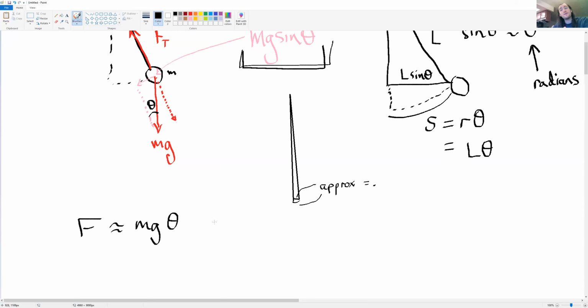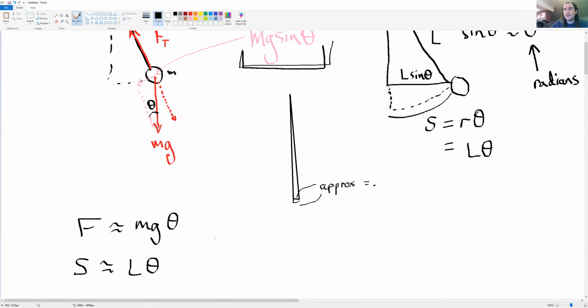And if I approximate the force as mg theta, then obviously I'm approximating the arc length as well. So I also have to approximate the arc length S as L times theta. I'm forced to do that. If I say that theta is small and I make that approximation somewhere in my problem, I should also make that approximation everywhere in my problem where that applies, right?